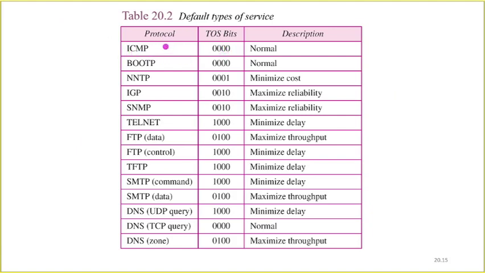Then it explains the ICMP protocol in normal mode, then BOOTP, then NNTP. So for different protocols, these TOS bits are defined likewise. Always only 1 bit will be 1. No two bits can have 1 in the same combination. Only 1 bit will be 1 at a time.